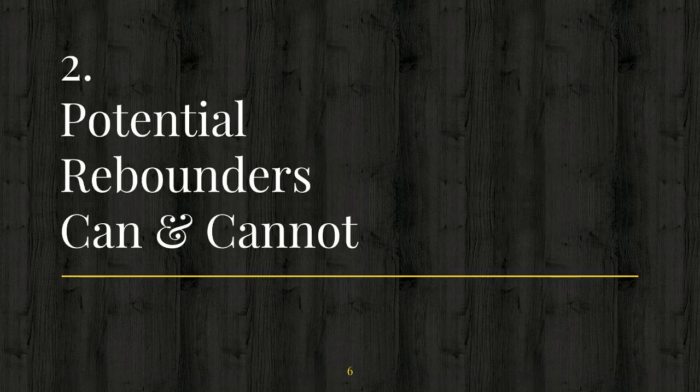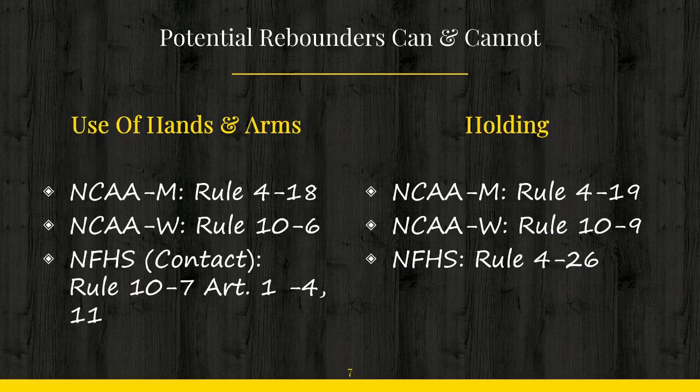So, what can potential rebounders do and not do? Most activity that occurs with potential rebounders and with rebounders occurs with their hands and arms.